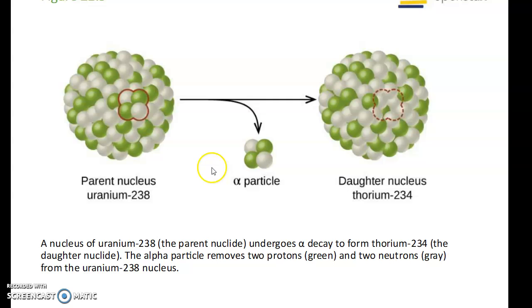Now, when you have radioactive decay, you've got a parent nucleus here of uranium-238. When it undergoes alpha decay, in other words, when it undergoes fission by breaking apart, it forms a thorium nucleus of 234 and gives off an alpha particle.